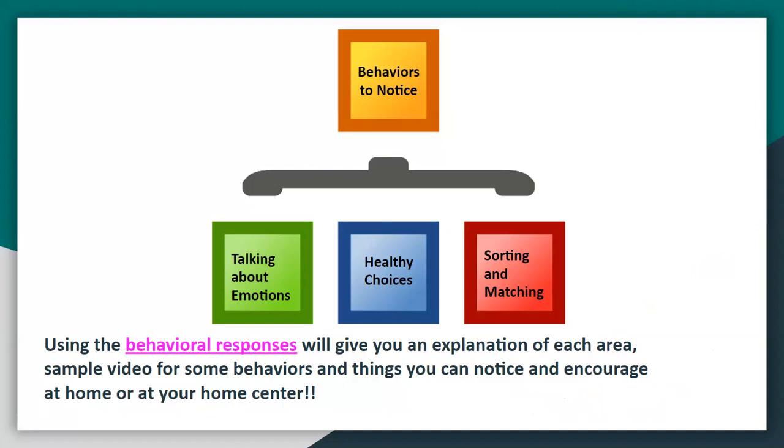Some of the behaviors to notice are talking about their emotions, making healthy choices, sorting and matching. Under each learning area, we'll talk about those behaviors to notice. You'll get an explanation of each area, a sample video for some behaviors, and things you can notice and encourage at home or at your home center.